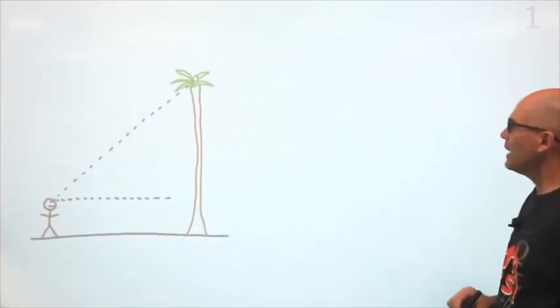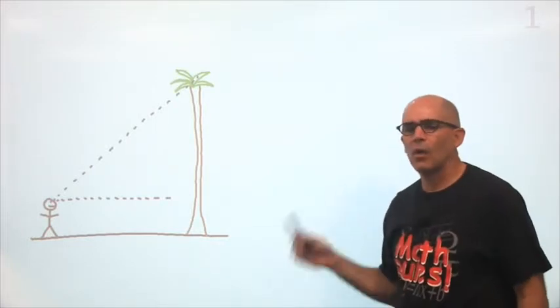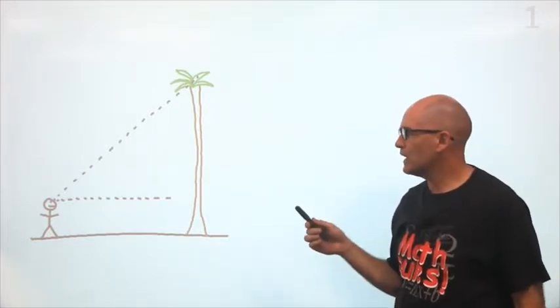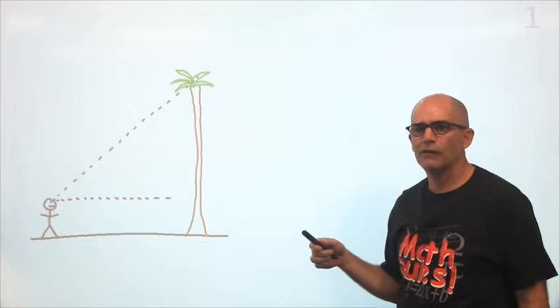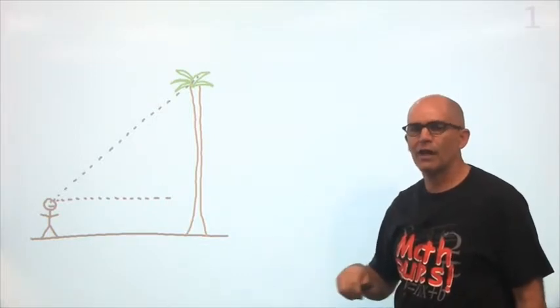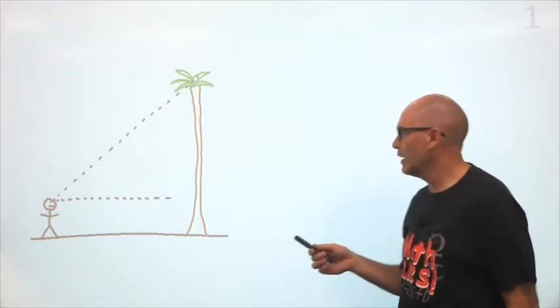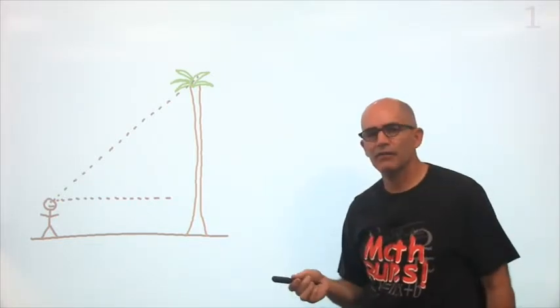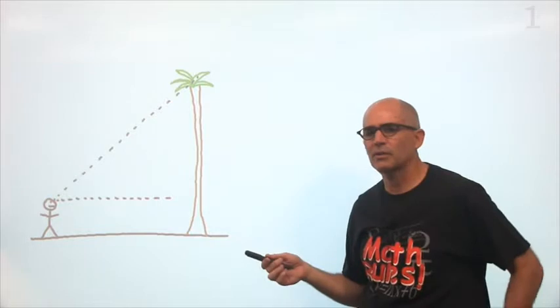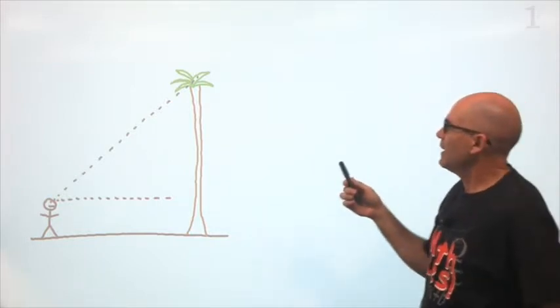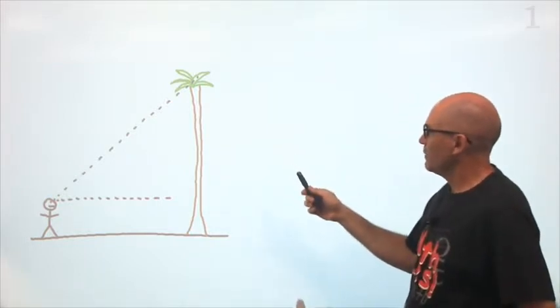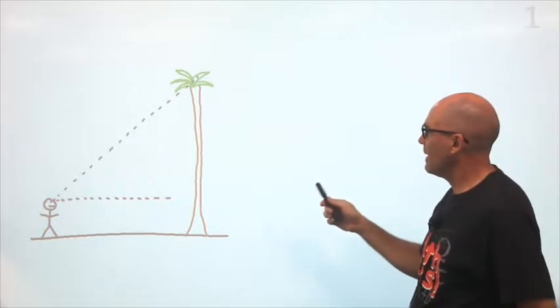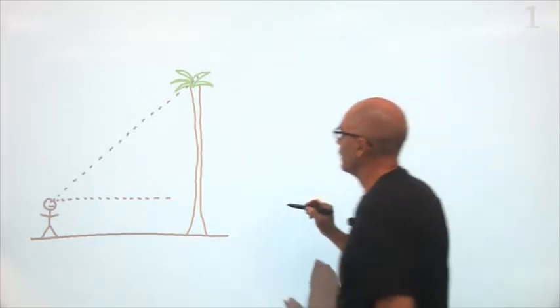Okay, now I told you the example a while ago about my friend who needed to find the height of the trees on the hospital grounds. Well, this is actually the better technique for doing it. It's what a surveyor would do. What you do is you get back a measured distance from the tree.